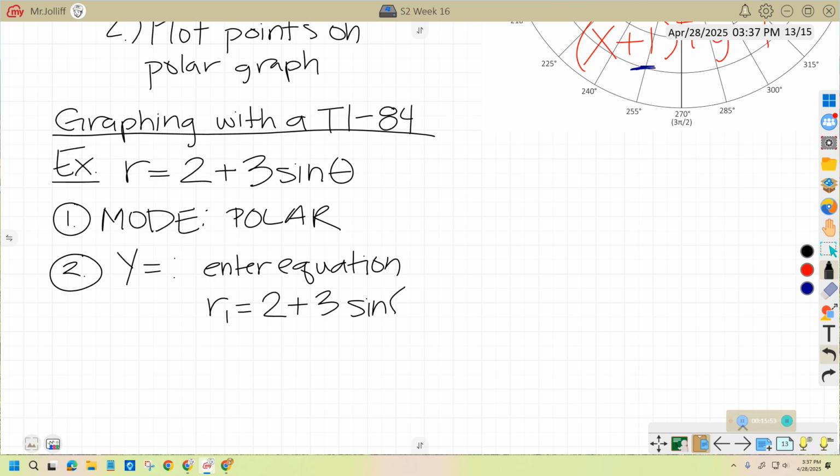That's the generic variable button. X for function, t for parametric, theta for polar. We're automatically in polar. It's automatically going to put a theta on your screen. That button's right beneath the mode button.